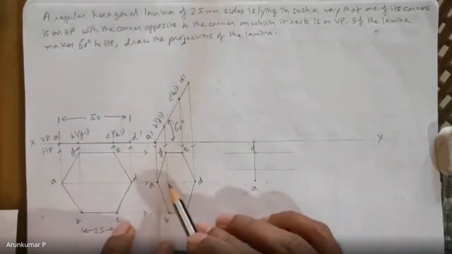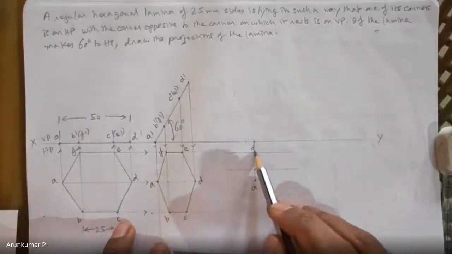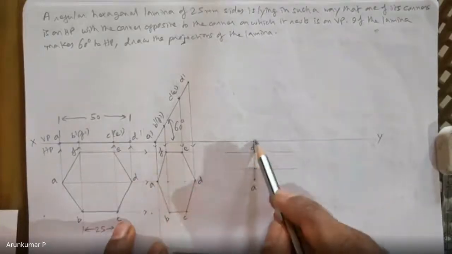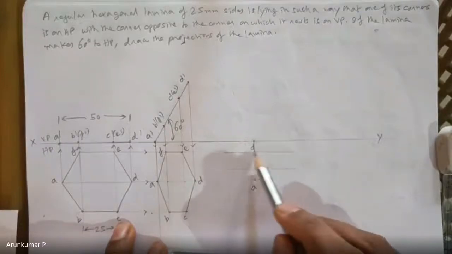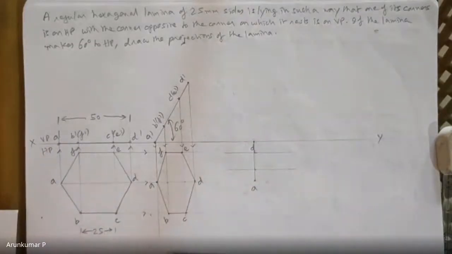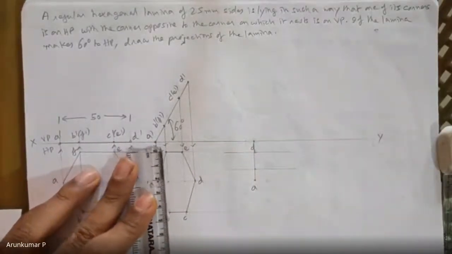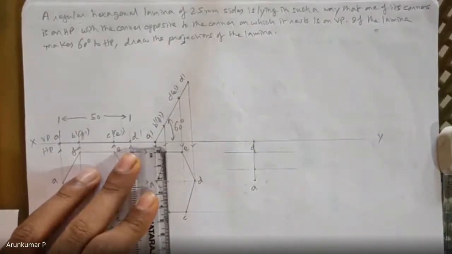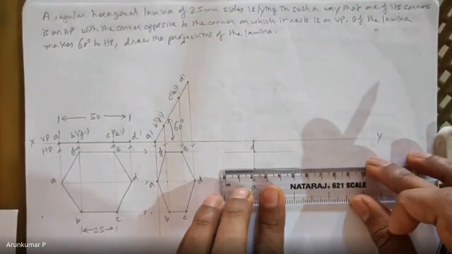So I've located this point and this point, 8 mm from D and from A, because this is 8, this is 8. I've drawn two horizontal lines parallel to XY line at these two points. Now all I need to do is measure one of these distances from this point to say F, around 21 mm. That's it. Locate that 21 mm here.